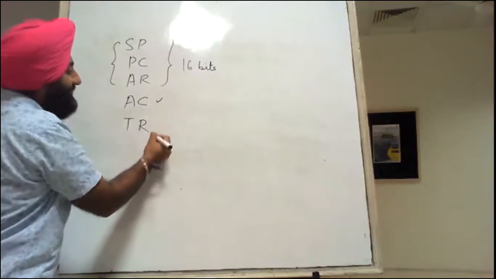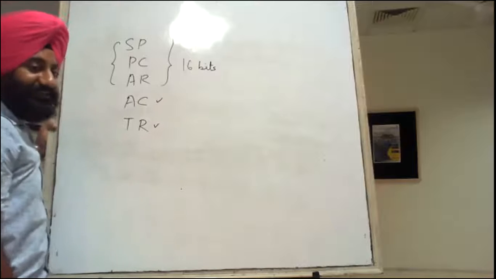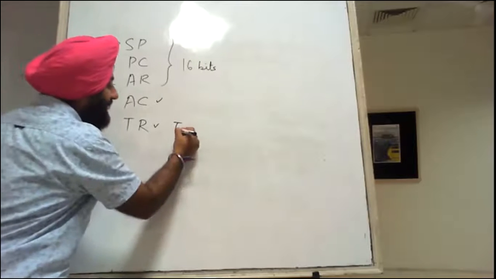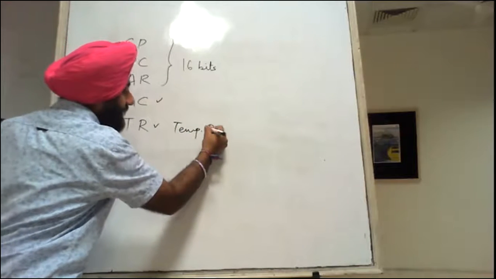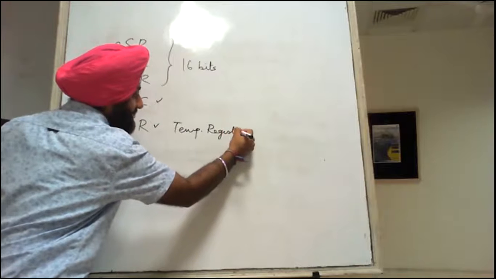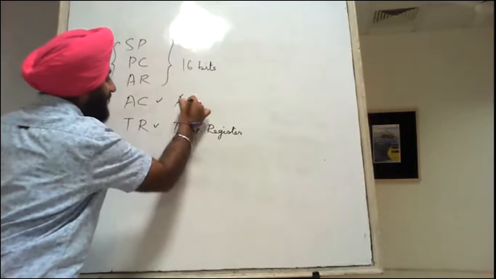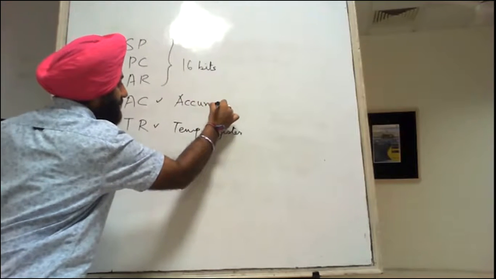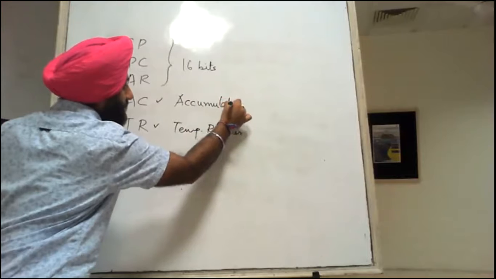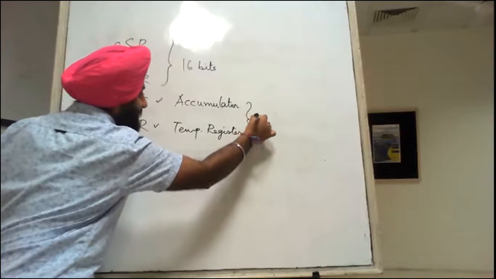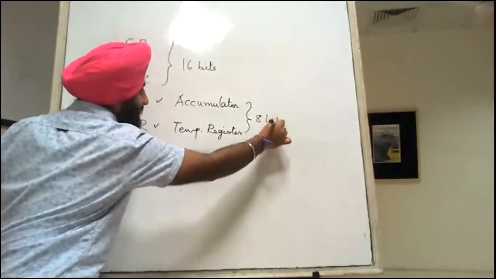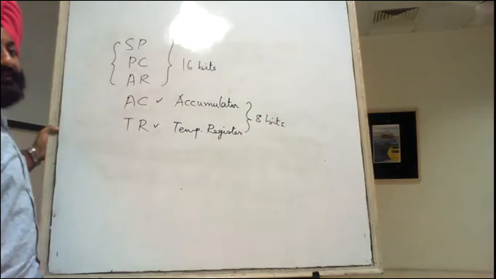Whereas the accumulator register and TR, where TR stands for temporary register and AC stands for accumulator, are of 8 bits each.